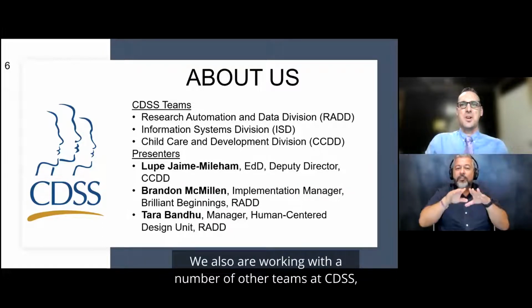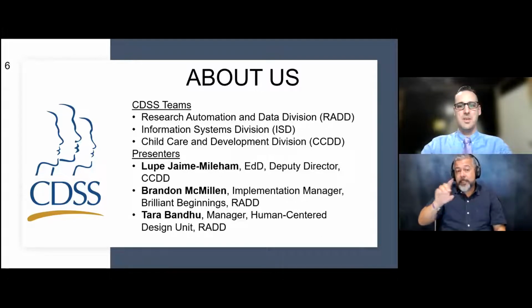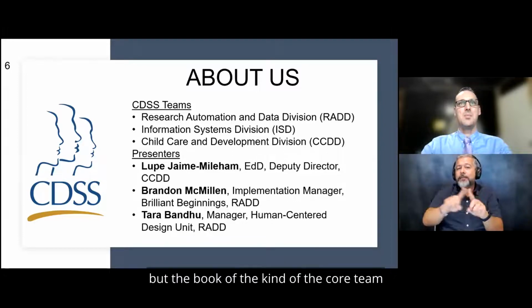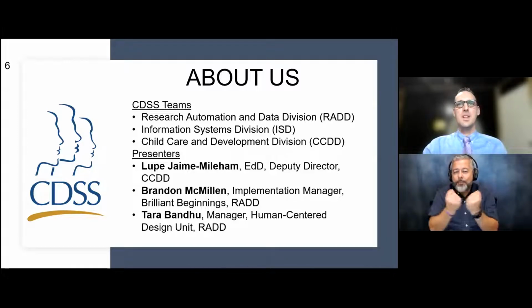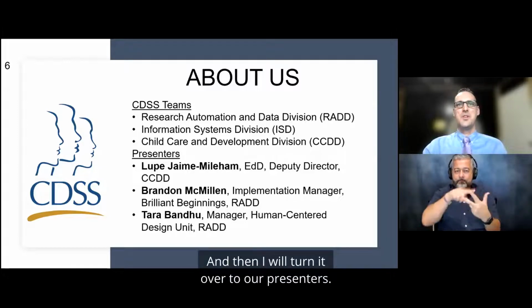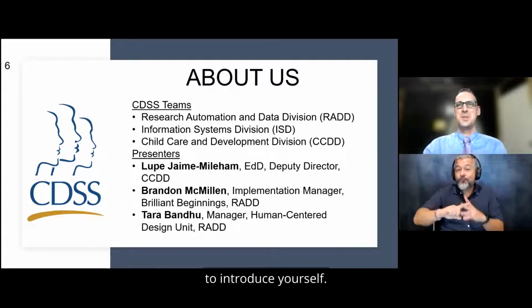We also are working with a number of other teams at CDSS, but the bulk of the core team includes those three teams. And then I will turn it over to our presenters. So I'll turn it over to Lupe to start out to introduce yourself.